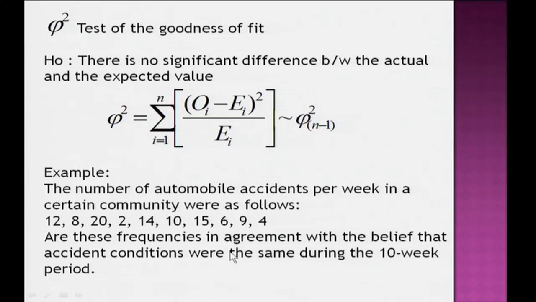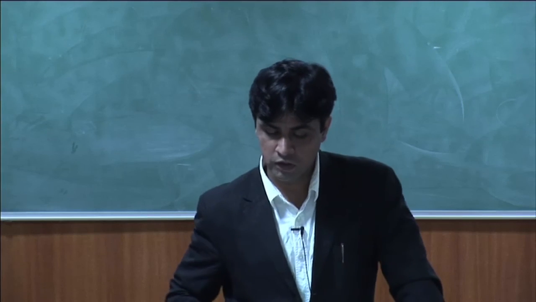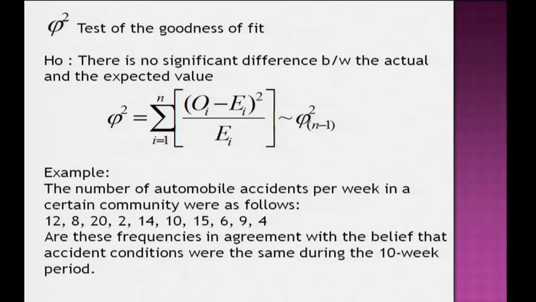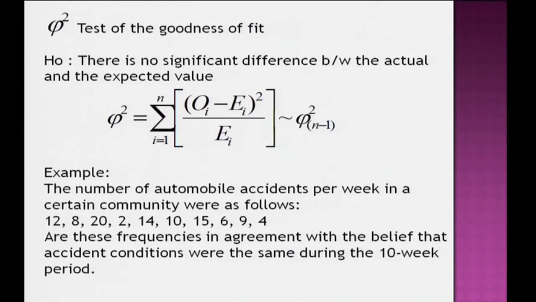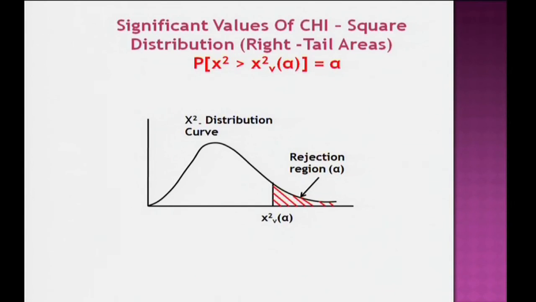So, H naught you will say all the proportions are equal, H1 proportions are not equal, that can be tested. One thing to keep in mind: since in chi-square we are squaring all the deviations, O_i minus E_i whole square, which we are not doing in any other test, we are only taking x_i minus x bar or p1 minus p2. Here we are squaring the deviations. So, that is why this is a skewed distribution.